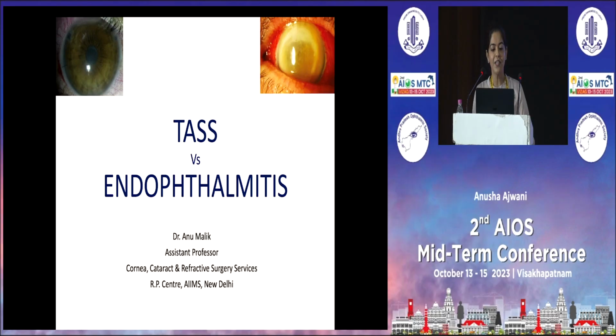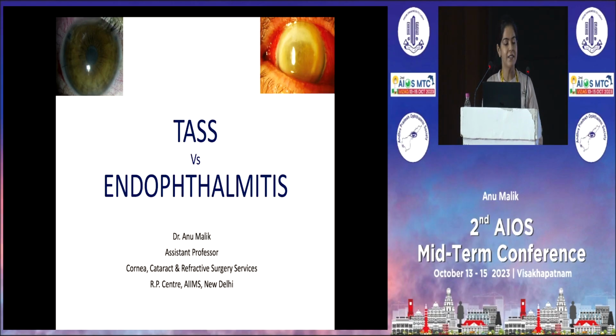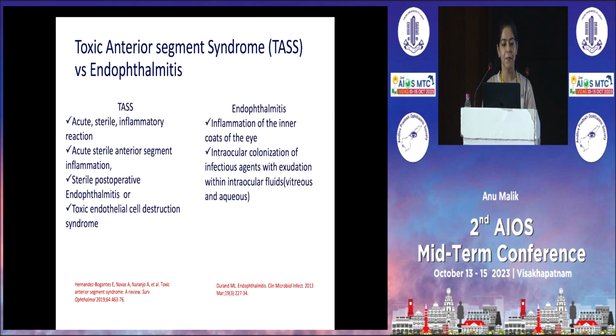Good evening, everyone. I'm here to present the differences between TAS and endophthalmitis. Toxic anterior segment syndrome, also known as acute sterile inflammatory reaction or acute sterile anterior segment inflammation or sterile postoperative endophthalmitis.